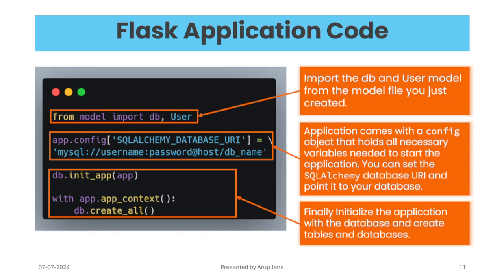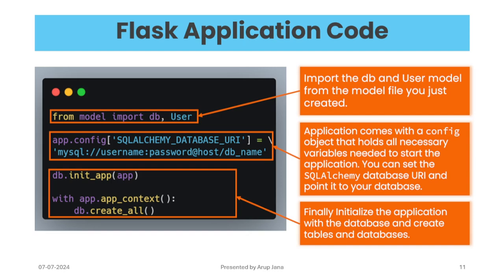Then we need to configure something inside the application. The whole application needs some configuration, and it already has some configured variables inside it. Whenever the application is starting, it has some variables stored in the config object, you can say.